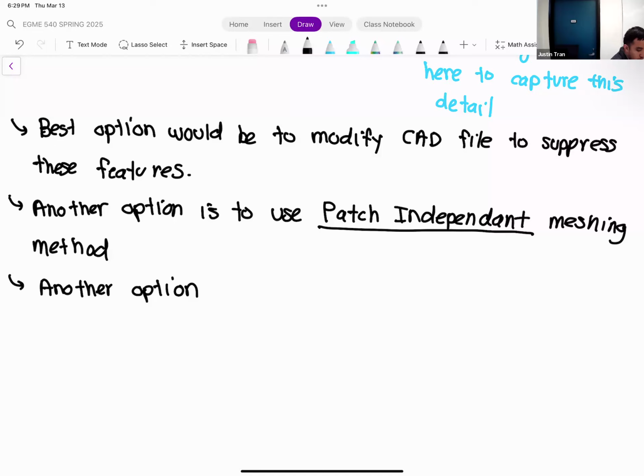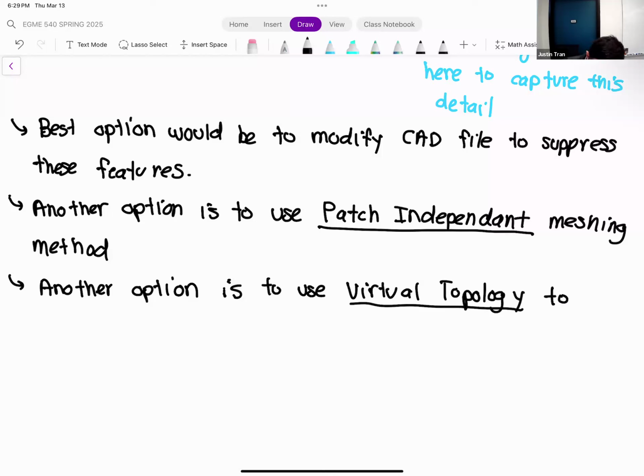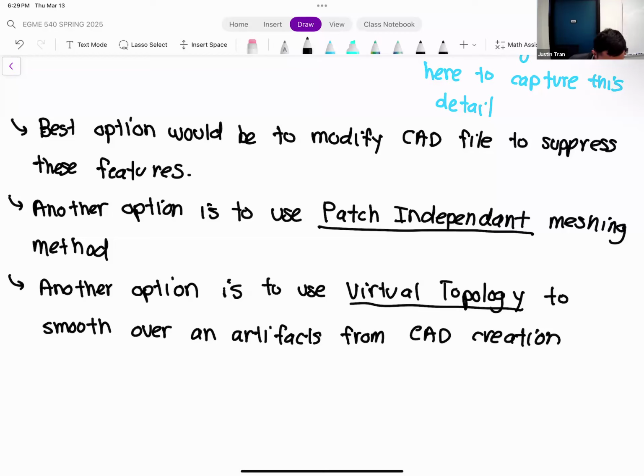This tool called virtual topology is useful for getting rid of those superfluous features.